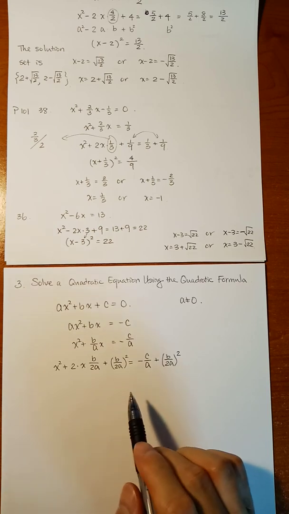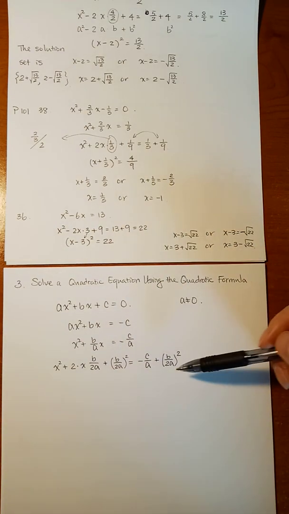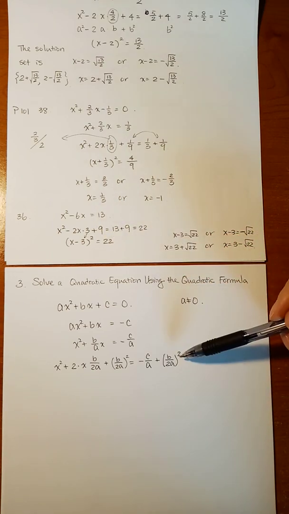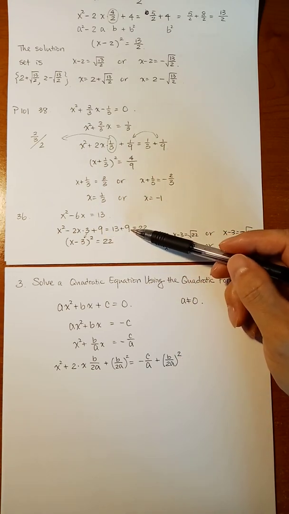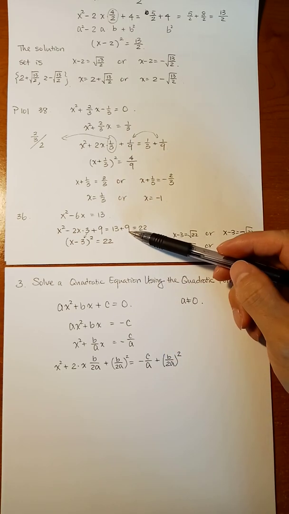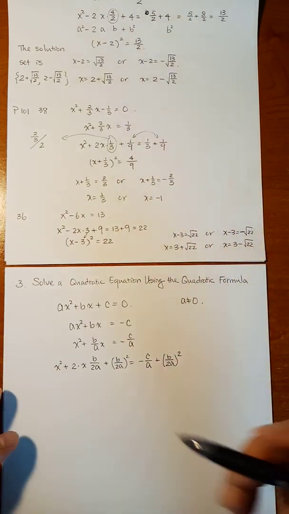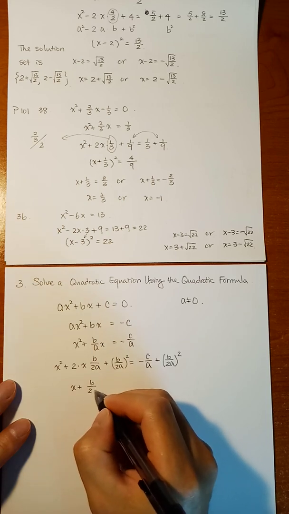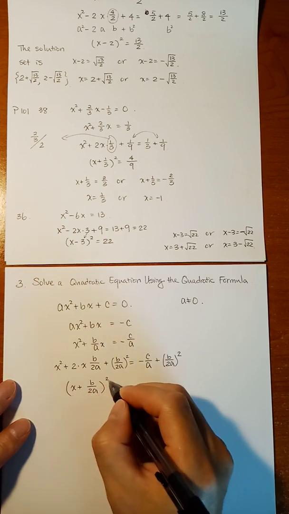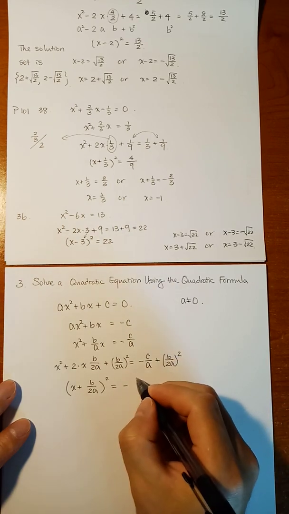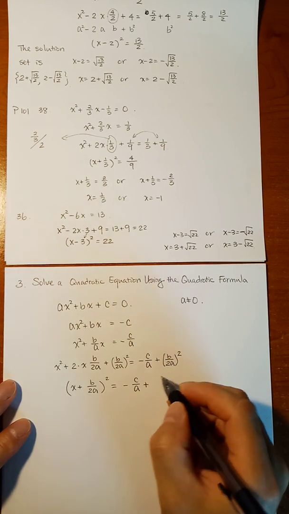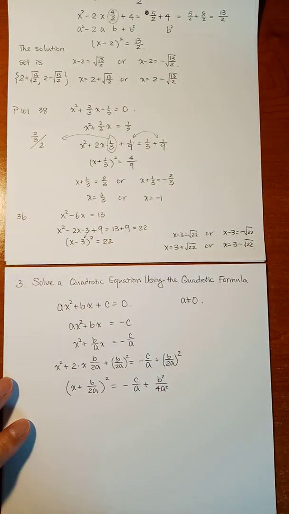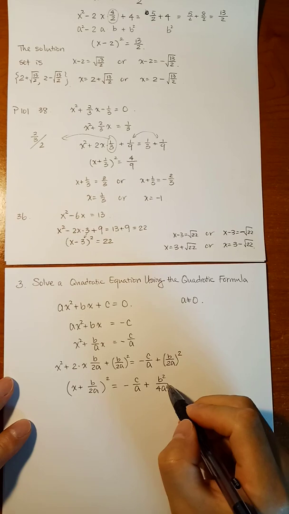Well, this step just looks complex, but this is exactly how we add 9. If we get concrete numbers, they are not so complex, right? The left-hand side becomes x plus b over 2a quantity squared. On the right-hand side is negative c over a, plus b squared over 4a squared.